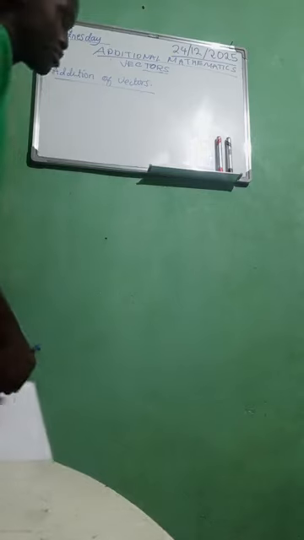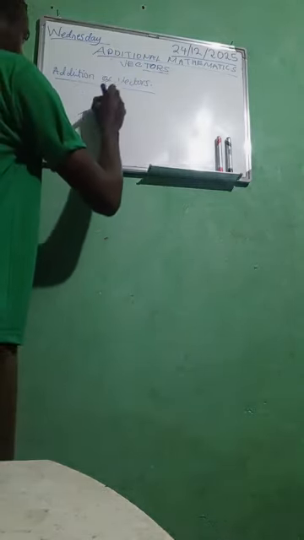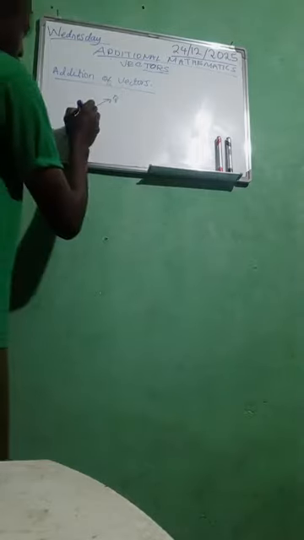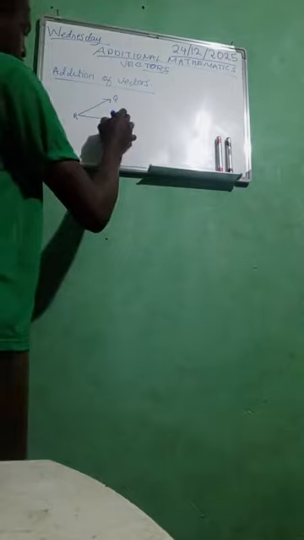So I'm going to give a vector. This is vector RQ. And then we have another vector going down like that, vector RZ.